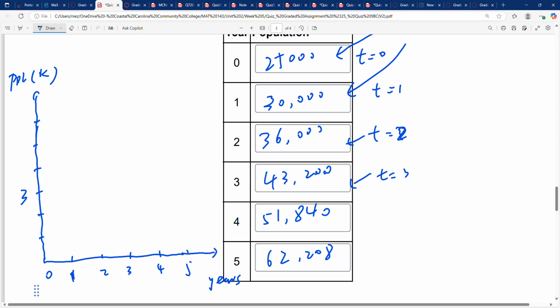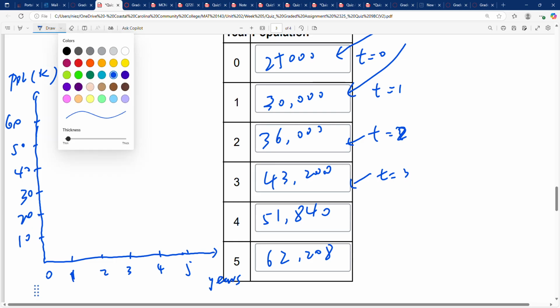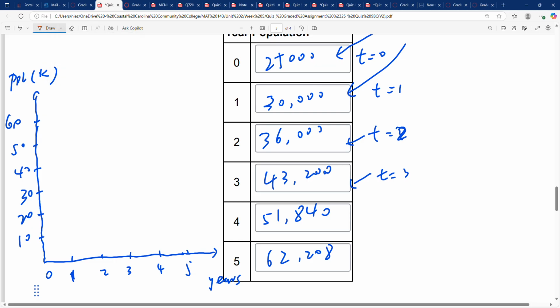So this is 30,000, not 3,000. Then 10, 20, 40, 50, 60. So year 0 is 25,000, it's here. Year 1 becomes 30,000, so it's here.